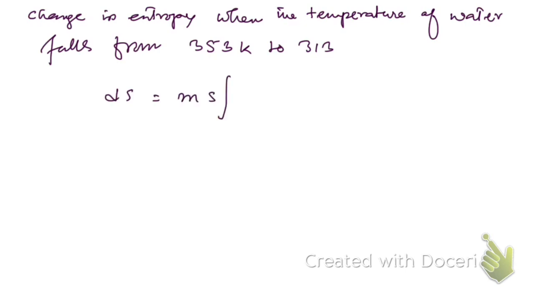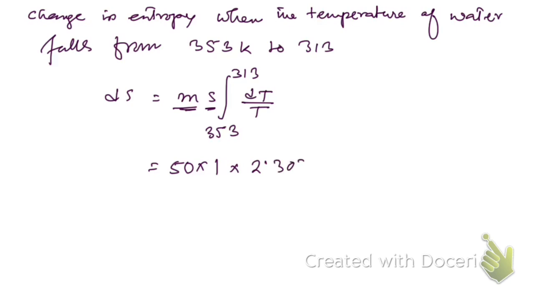Integrating it as it falls from 353 to 313, again dT by T. If you integrate this, you're going to get 50, since mass is 50 and specific heat is 1 for water, times 2.3026, or you can write 2.3 approximately, into log.